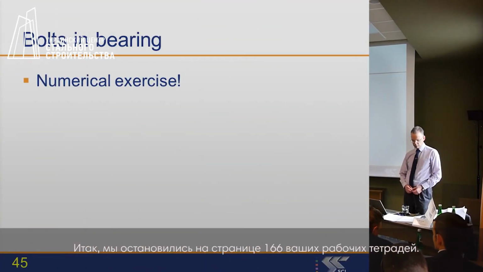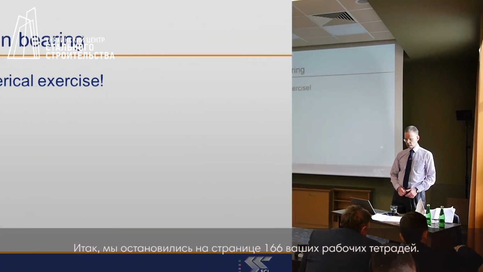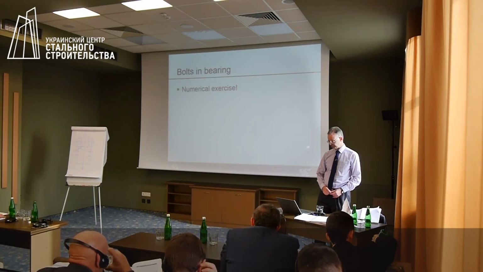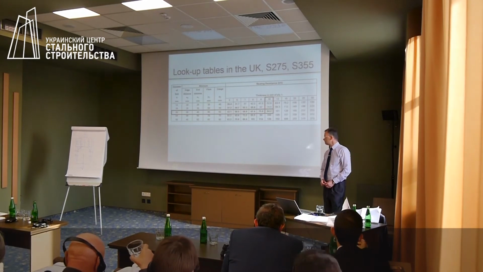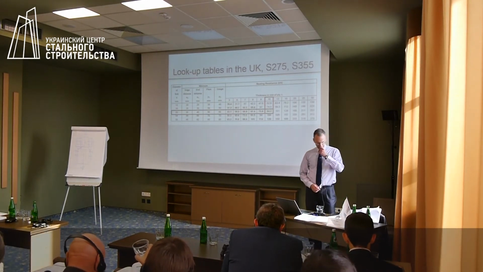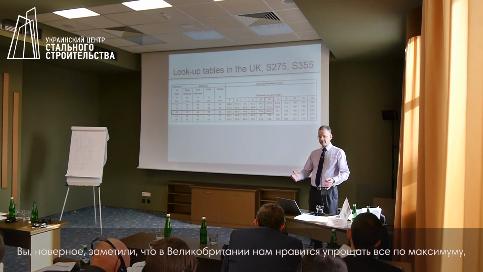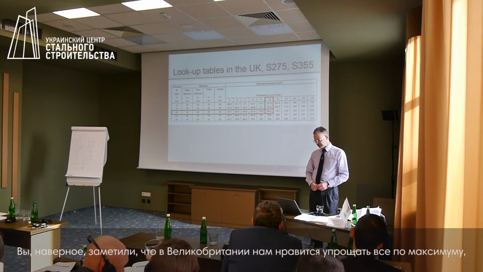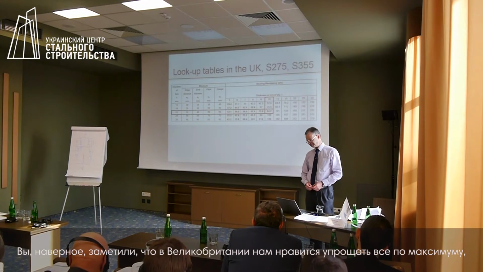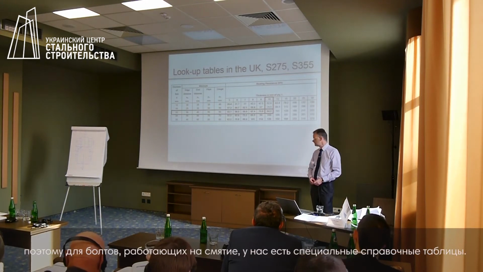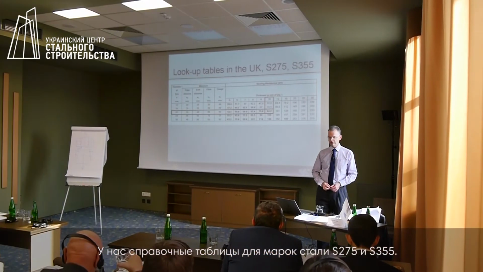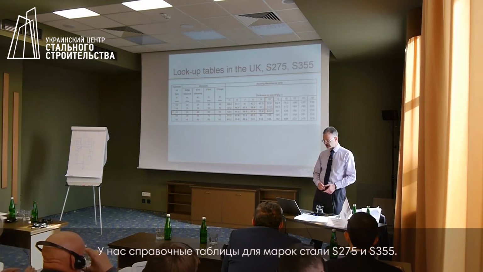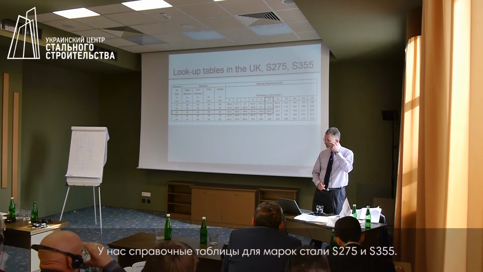So we are on page 166 of your workbook. You will have gathered that in the United Kingdom we like to do things as simply as possible. So for bolts in bearing in the United Kingdom, again we have lookup tables. We have lookup tables for S275 steel and S355 steel.